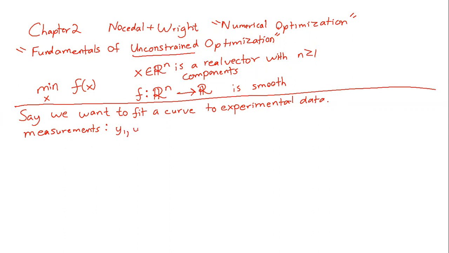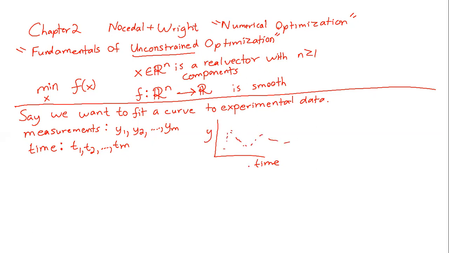We'll have many of them, y1, y2, ..., ym. And we'll also have our independent variable, so let's just say that's time. What changes is the time, and then the measurements change as time changes. So we have t1, t2, ..., tm. We have m data points. Maybe it's something like this, time and y, with some different data points over time.